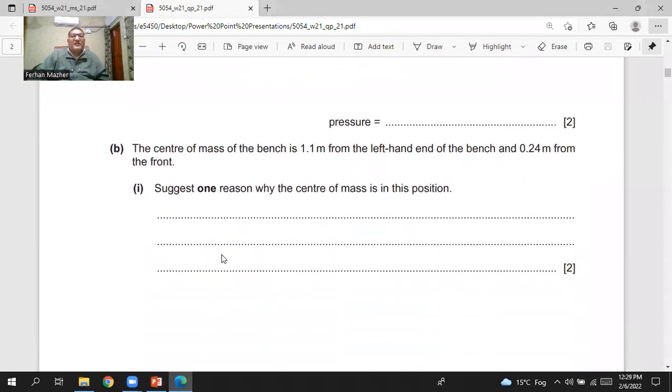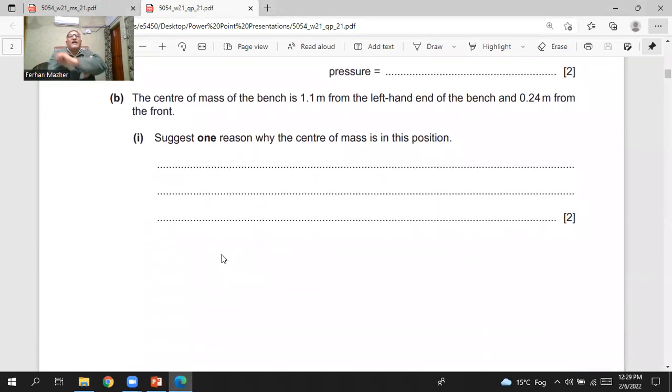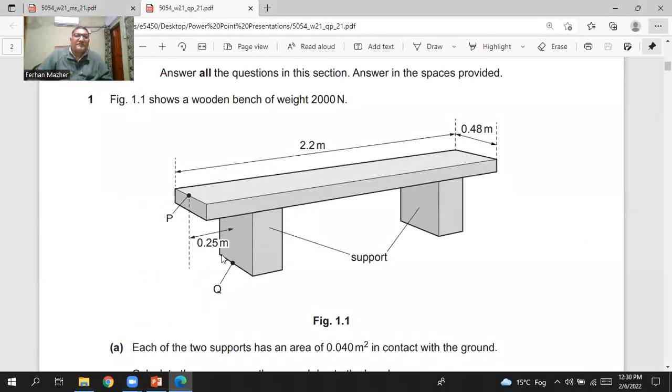The next part says the center of mass of the bench is 1.1 meter from the left end of the bench and 0.24 meter from the front. Give one reason why the center of mass is in this position. From here it is 1.1 meter, and from this edge it is 0.24 meter.